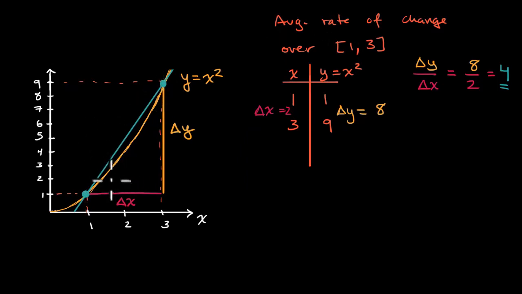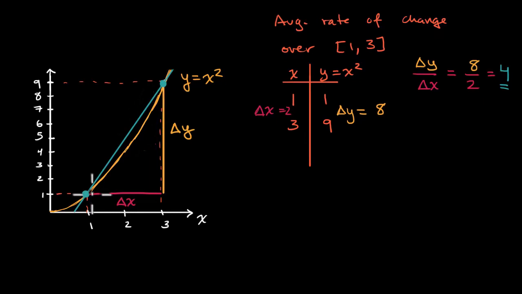And by looking at the secant line in comparison to the curve over that interval, it hopefully gives you a visual intuition for what even average rate of change means. Because in the beginning part of the interval, you see that the secant line is actually increasing at a faster rate. But then as we get closer to 3, it looks like our yellow curve is increasing at a faster rate than the secant line, and then they eventually catch up. And so that's why the slope of the secant line is the average rate of change.